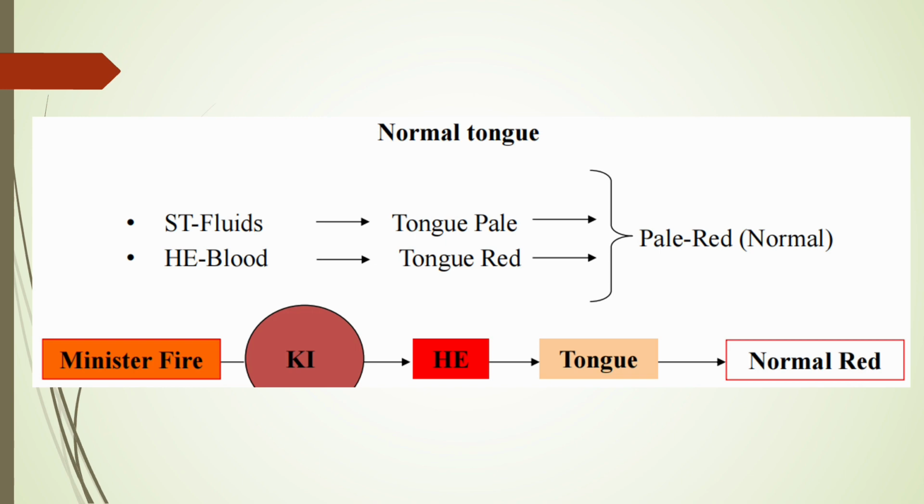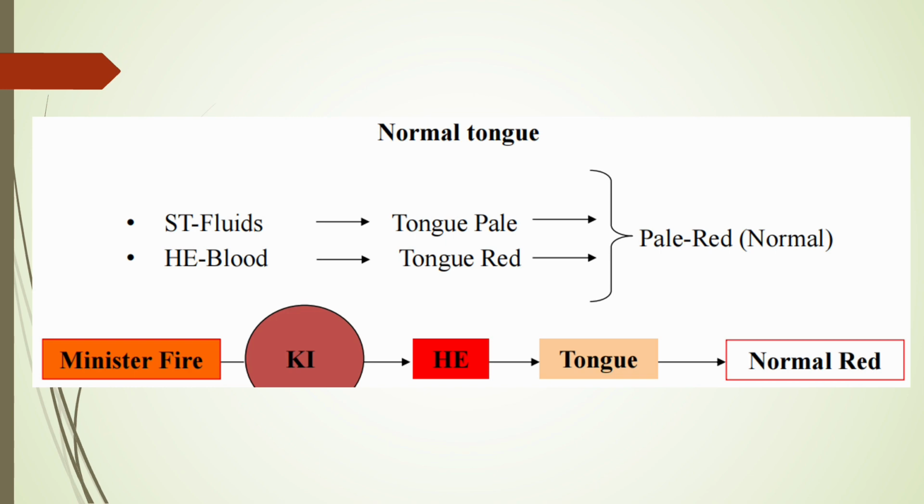The normal tongue is pale red. It is pale because the stomach fluids flowing up to the tongue make it pale. It is red for two reasons. One, because heart blood makes it red, and the tongue is an offshoot of the heart. Number two, because the Minister fire flows up to the tongue, making it red.